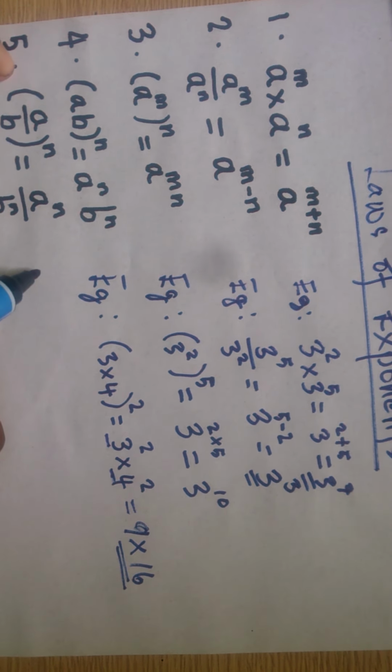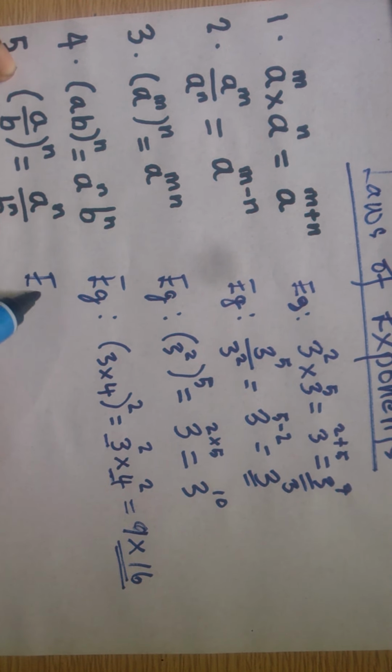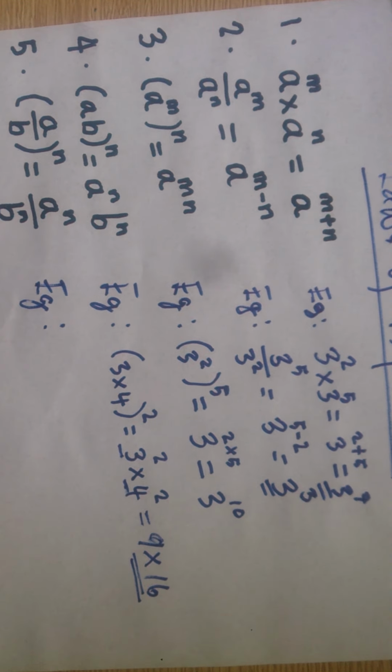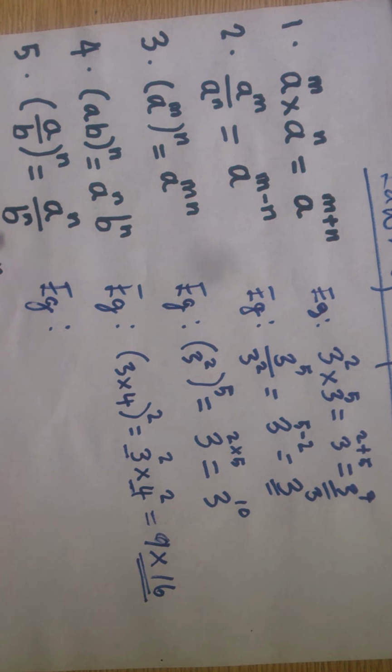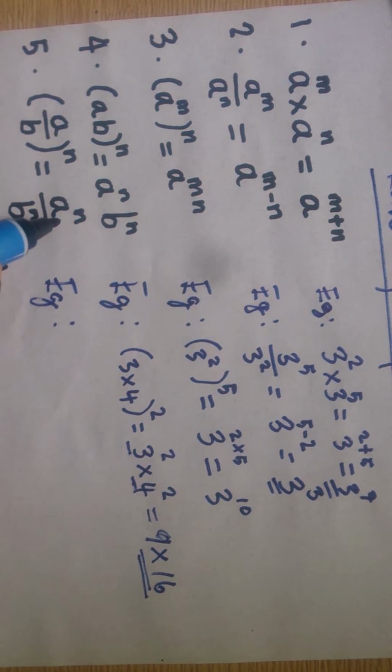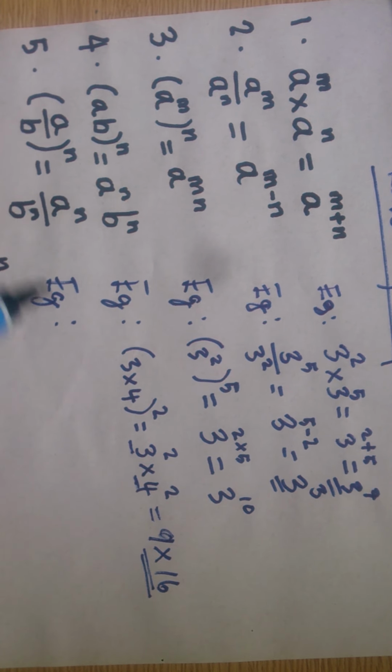Okay. Next. Law number 5. In law number 4 it was a product. The fifth is a quotient. To raise a quotient to a power, you raise the numerator and the denominator to the same power. So in this case, a is the numerator and b is the denominator.